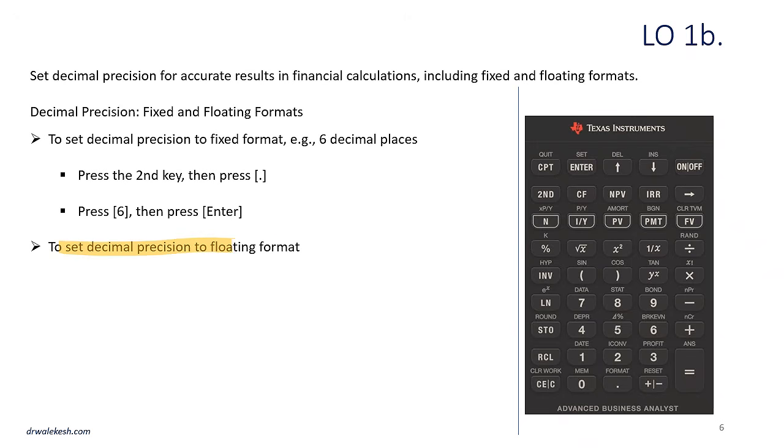Before we move on to this, there is a particular issue with just setting your financial calculator to 6 decimal places. Let us assume that you are interested in solving 1 over 4. 1 over 4 is 0.25.